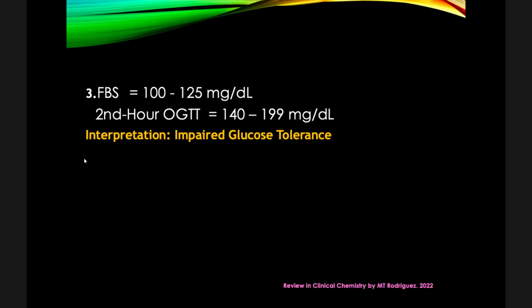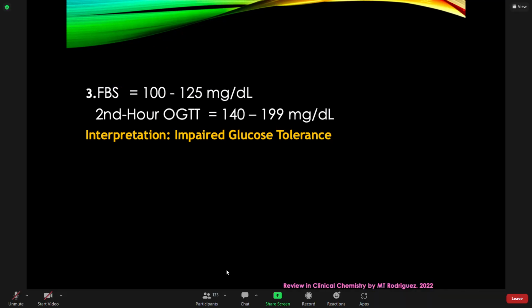Pag less than 140 ang second hour OGTT, non-DM. 200 and greater DM. What if it is in between 140 to 199? Potential DM. Not yet, but going there. So, ang tanong, is it true that OGTT is confirmatory test and used for the diagnosis of impaired glucose?